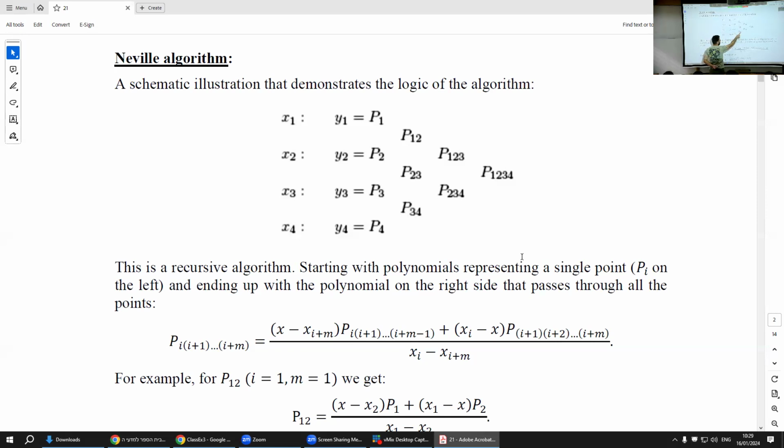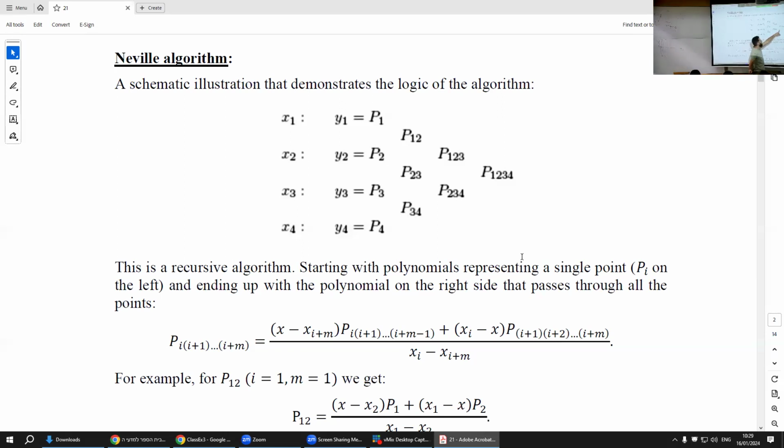And this is the polynomial that evaluates here, which is based on the data from x3 and x4. And the last one, p1234, will be the polynomial that evaluates here based on x1, x2, x3, x4 and y1, y2, y3, y4.